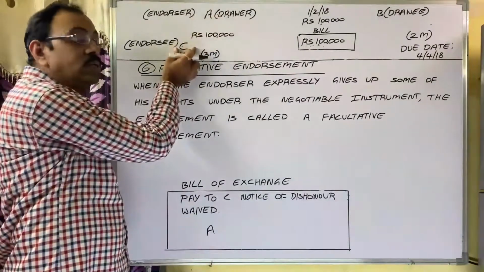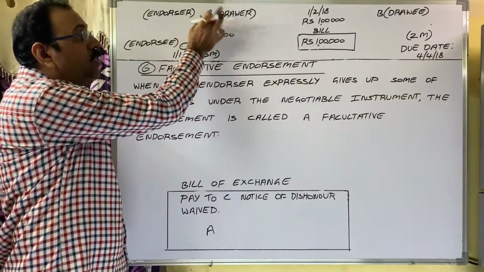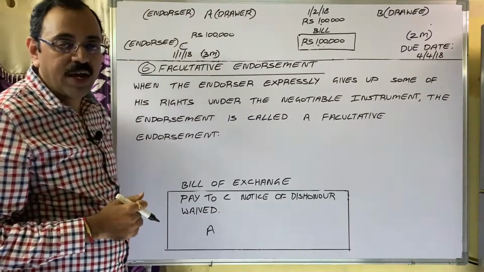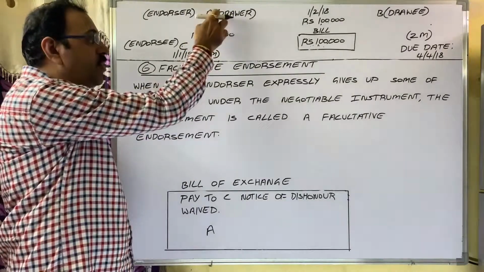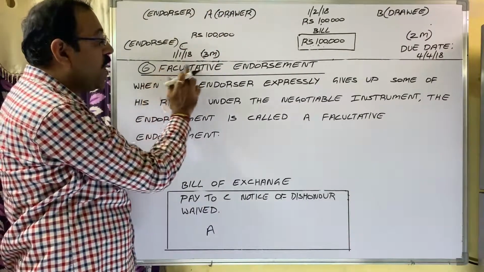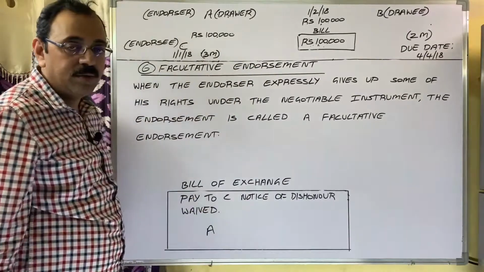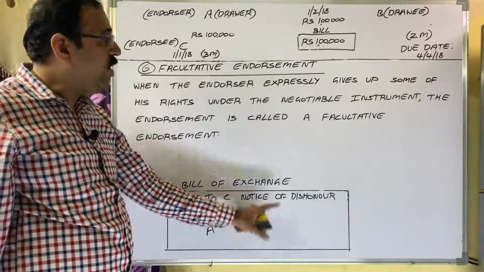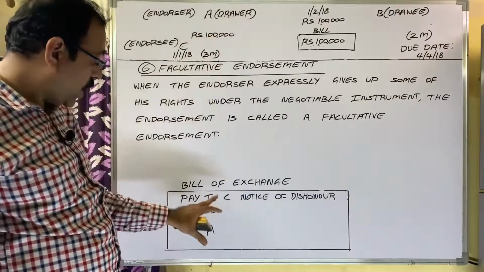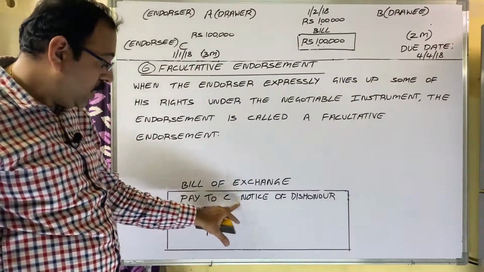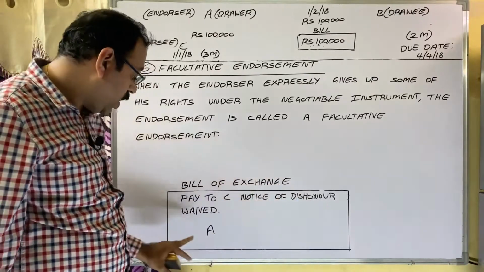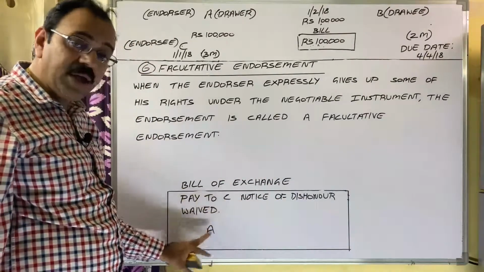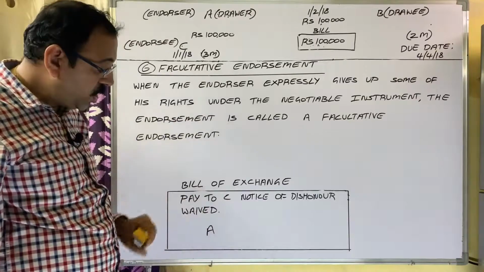And while endorsing the bill, if A is foregoing that notice right, then that type of endorsement comes under facultative endorsement. Observe this. On the back side of the bill, while endorsing the bill, A wrote like this: "Pay to C, notice of dishonour waived," and A's signature. What is the meaning of this?